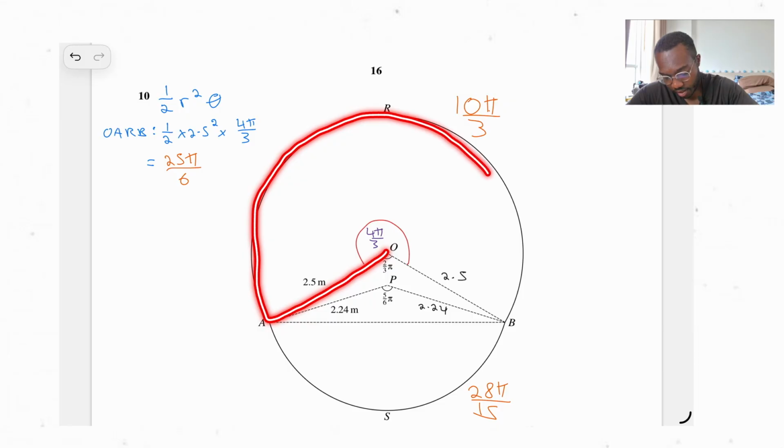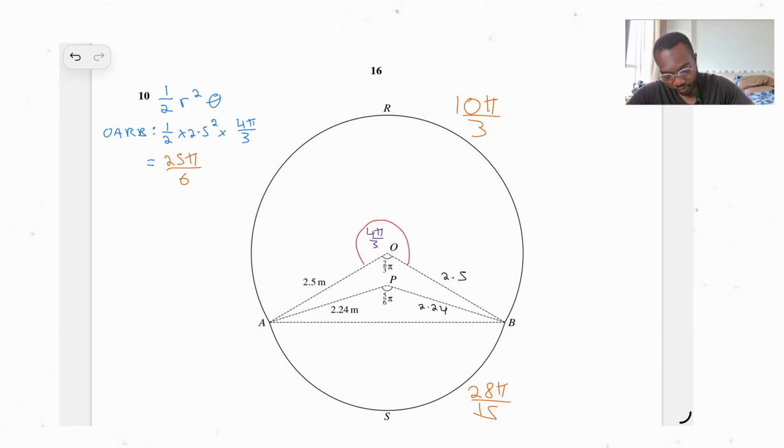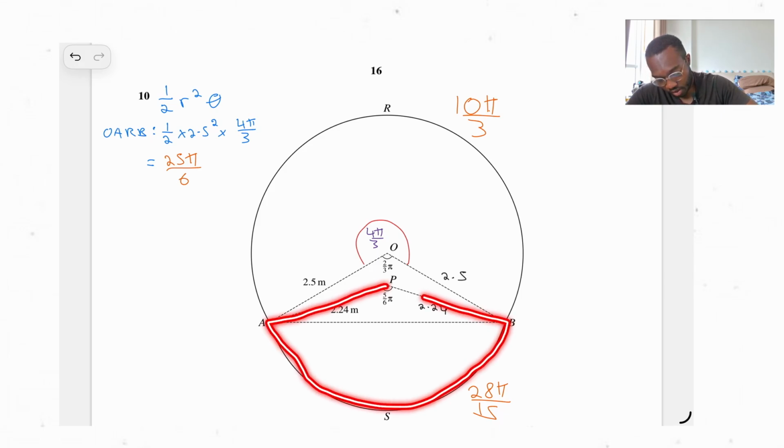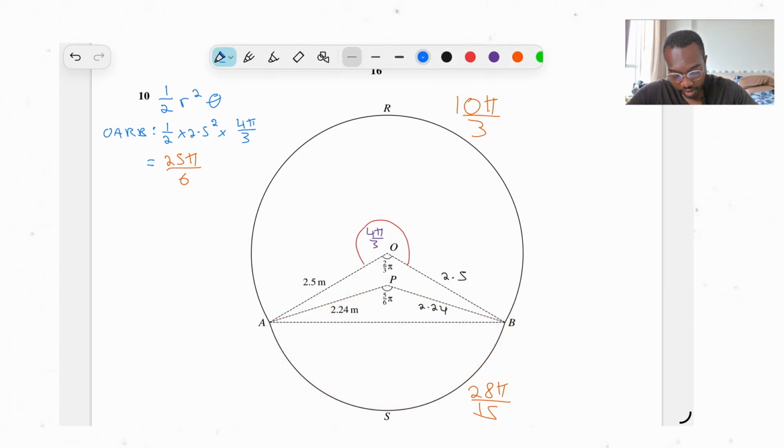Okay, so now we just worked out the OARB. Now we can work out the area of the arc of the PASB. We can work out this one as well. If I write that, that'll be PASB.